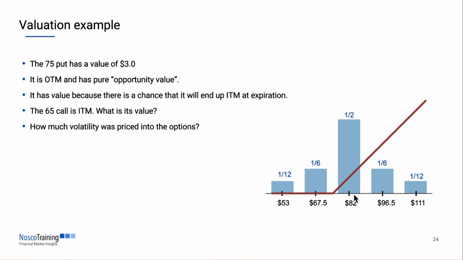We could end at 82. If we end at 82, then this option has a value of, what is it? 75 is the strike, 82, that is 7. We end at 7 with the likelihood of 1 divided by 2. Maybe think in your head what you would do, and then I show you the solution.